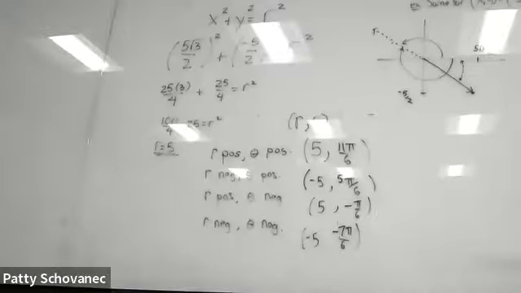For example, if I said graph theta is pi over 4, well, then I'm not discussing just an angle. Just like in rectangular coordinates, if I said graph x is 5, I'm not telling you just put a dot on the paper. X is 5 is a line. So is theta is equal to pi over 4.